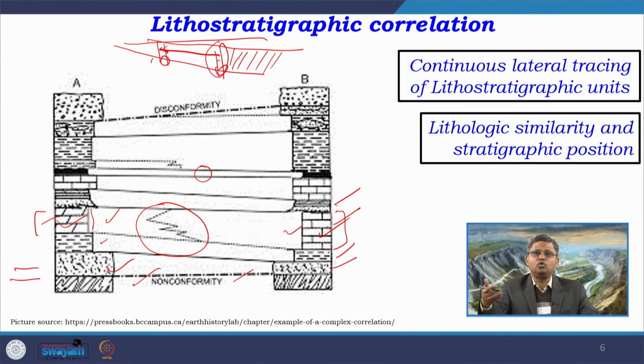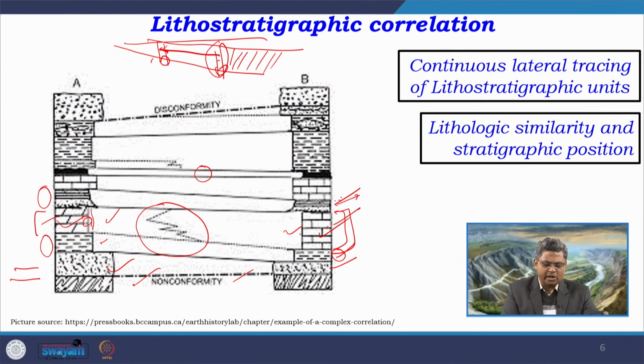And when we are trying to do this lateral correspondence, we try to emphasize the lithologic similarity and the stratigraphic position. I have already given you the example. The stratigraphic position means, for example, over here this limestone unit is overlain by a sandstone, mudstone or sandstone heterolith alternation, and it is underlain by a shale. When I look into log A, here also it is a shale which is underlying and a sandstone heterolith alternation occurring at the top.